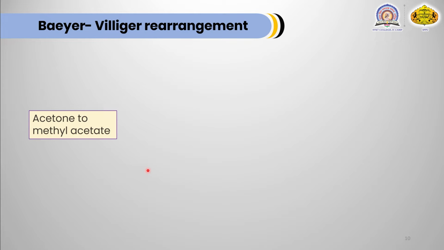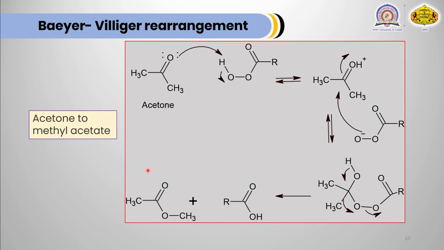Now, let us see the acetone to methyl acetate conversion. This conversion is carried out by using the Baeyer-Villiger oxidation reaction mechanism. First of all, acetone on treatment with acid undergoes protonation, and there is formation of this type of intermediate. This is the anion of the peracid. It attacks the electrophilic center of this molecule, and another intermediate is obtained.